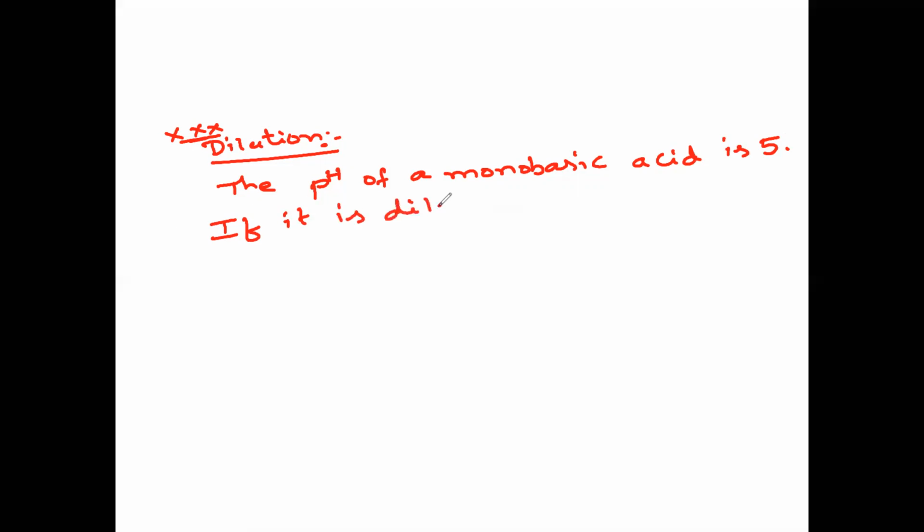The pH of a monobasic acid is 5. If it is diluted to 1000 times, let us say 1000 times.